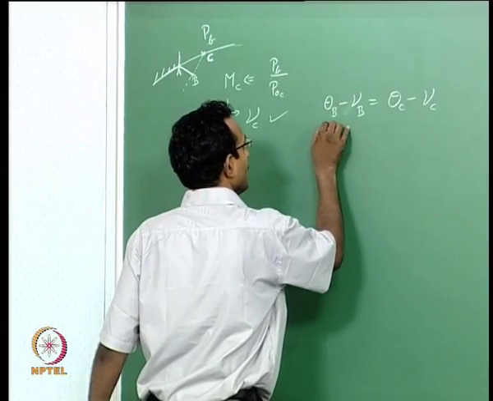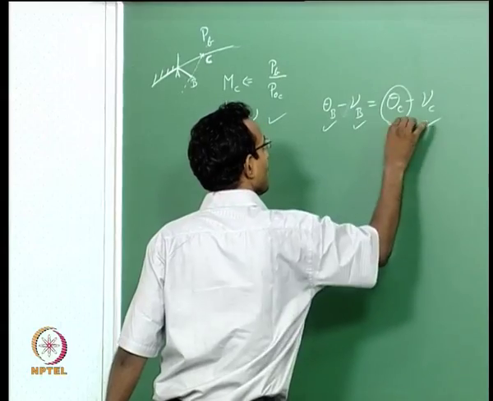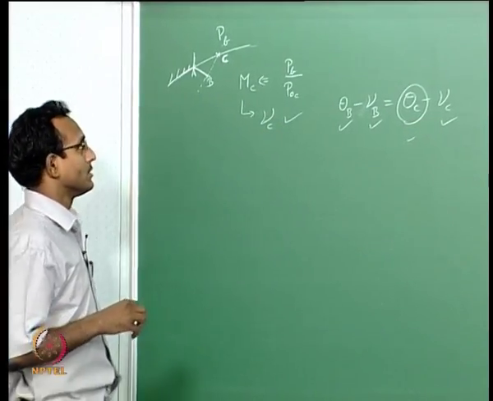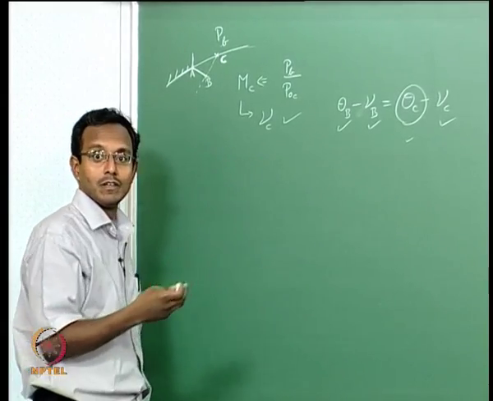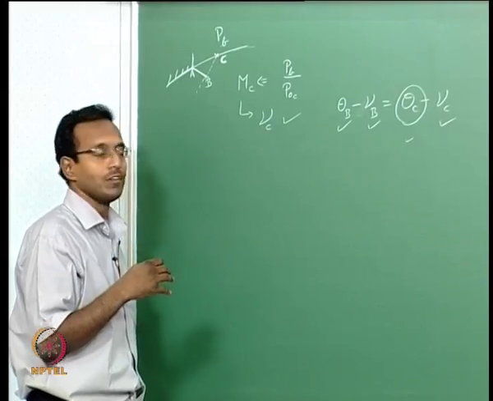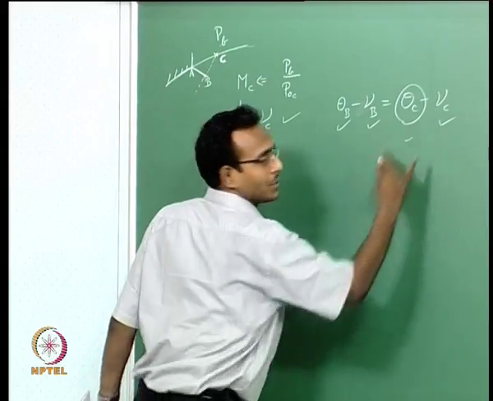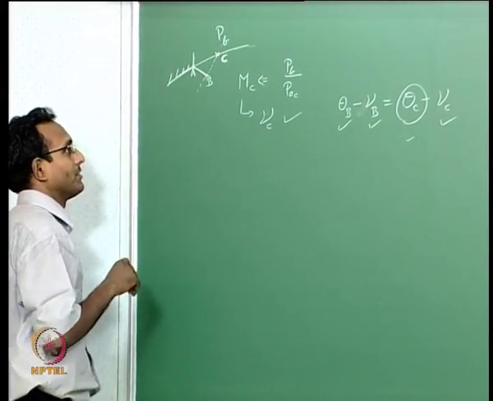We know this, we know this, we know this, so I can find this now. Theta C can be obtained. In my wall boundary condition, what did we know? We knew theta C, that was given, and we had to find nu C. Here it is the opposite problem. That is the only difference here.